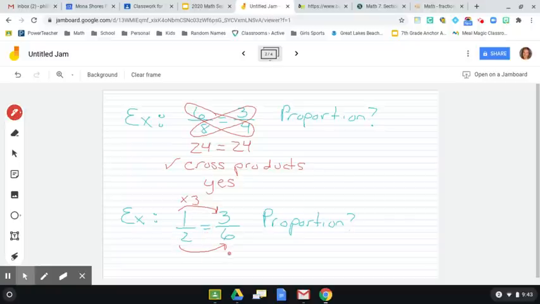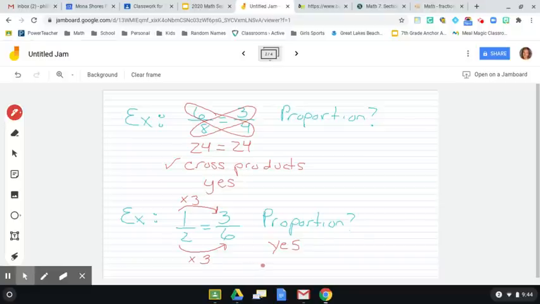And then from 2 to 6, isn't this also getting 3 times bigger? So both the numerator and the denominator are increasing by the same size. And so if they're increasing by the same size, this is also absolutely considered equivalent, and it's a proportion.